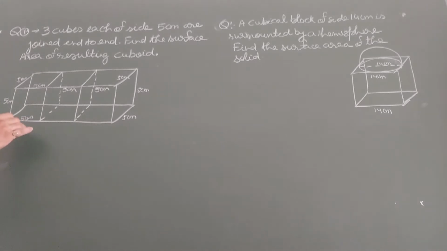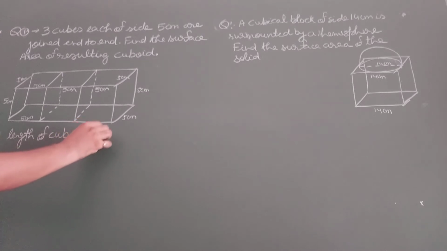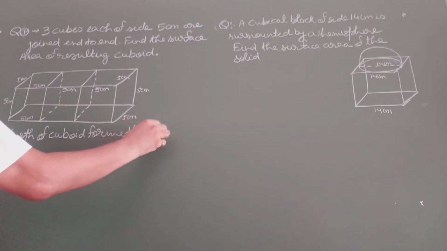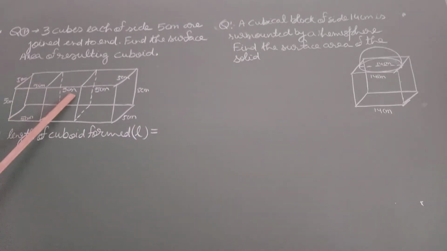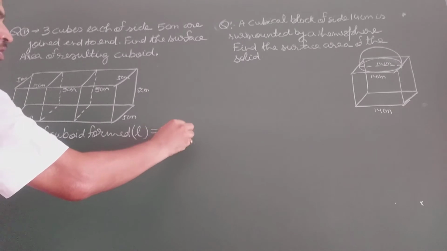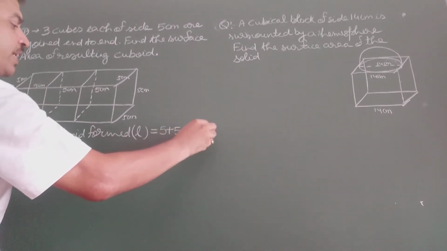So we can mention here first the length of the cuboid formed. L equals 5 plus 5 plus 5, 15 centimeter.